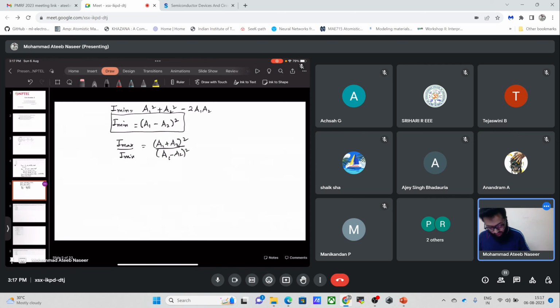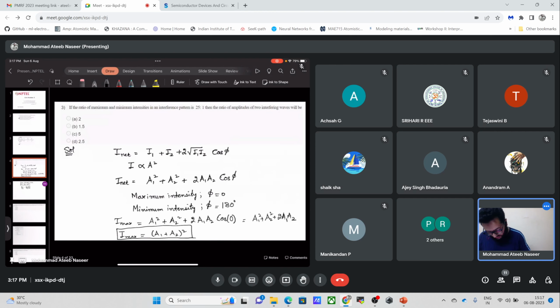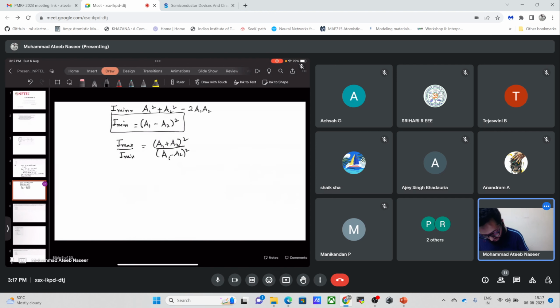Now this ratio has to be equal to 25:1. Simply this is equal to 25:1. A1 plus A2 whole squared over A1 minus A2 whole square.